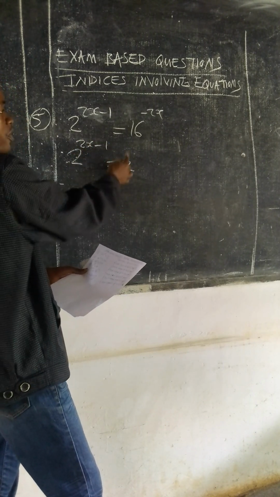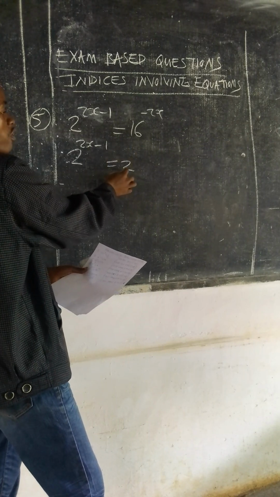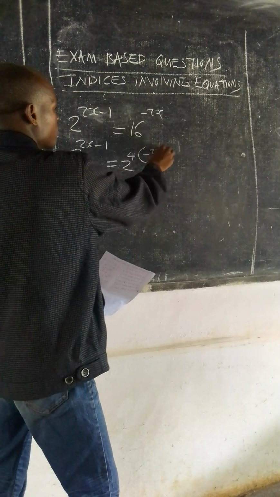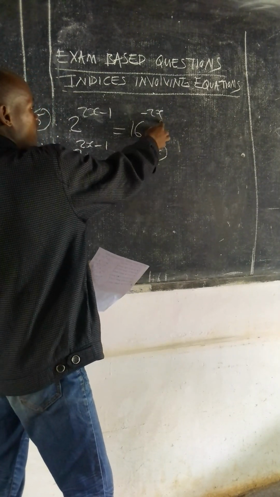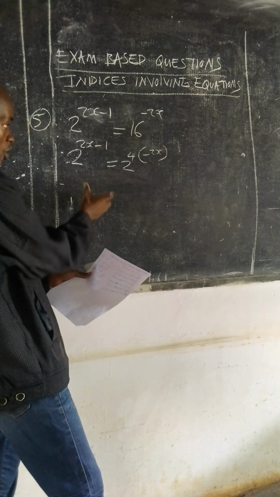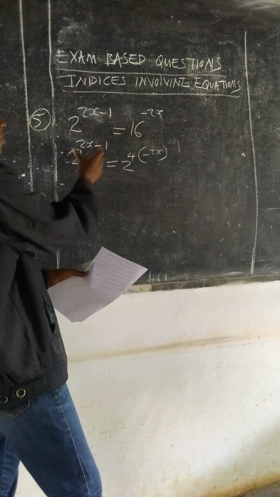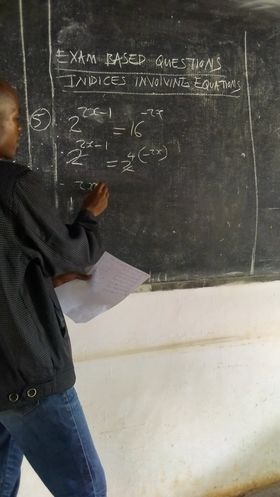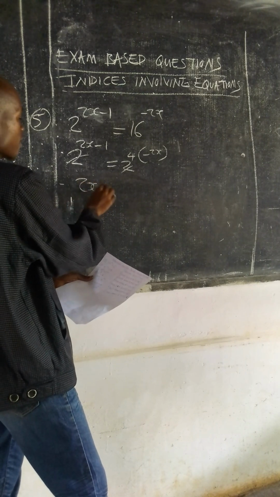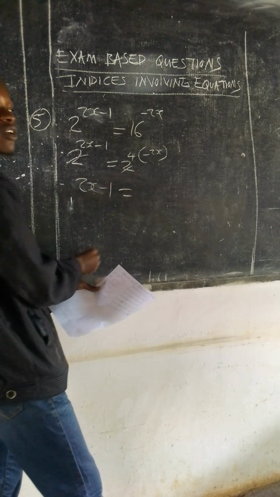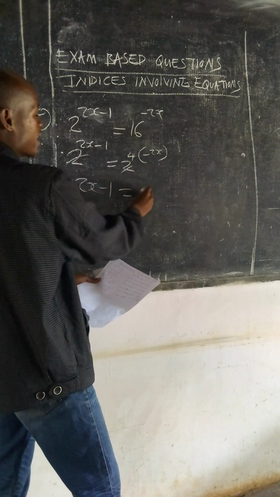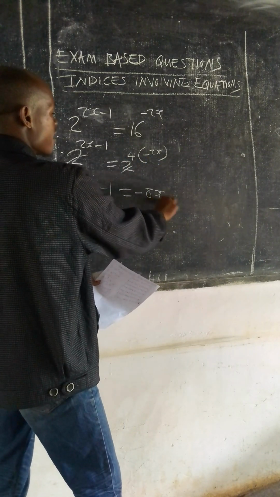Then we find a number which can represent 16 in the form of power 2, that is 4, multiplied by negative 2x, the negative 2x which is on top. We can see the bases are same, the powers are equal, we can simply cancel them. So we have 2x minus 1 equals this 4 times negative 2x, that's negative 8x.